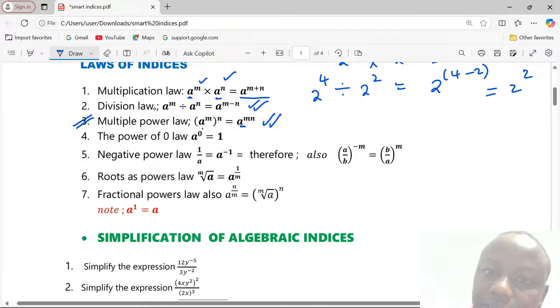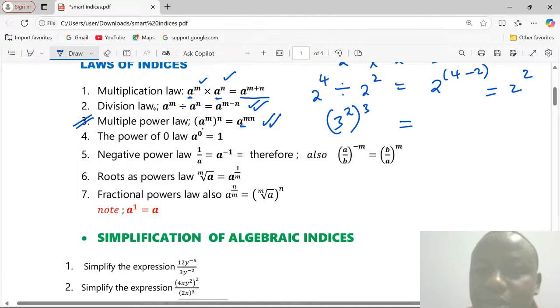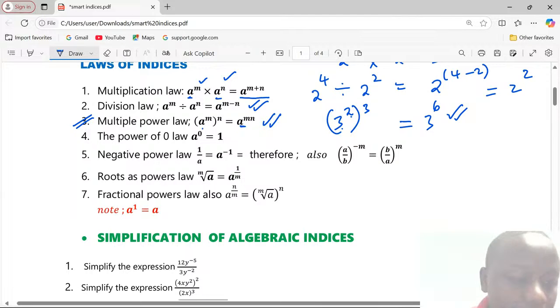In case you have 3 power 2, and you are told everything has to be raised to power 3, a simple way is taking 3 power the product of the powers, which gives us 3 power 6. Instead of raising 3 to power 2, then you start cubing later, you can take the product of the 2 powers, which becomes 3 power 6. So that is how we handle such a case.